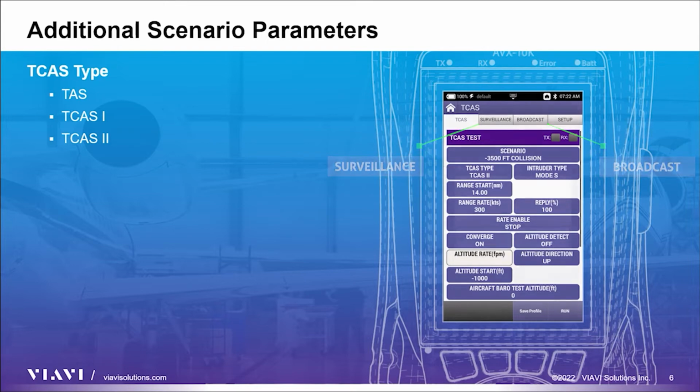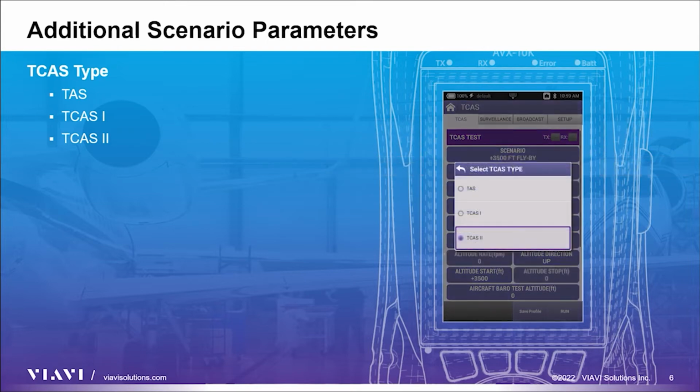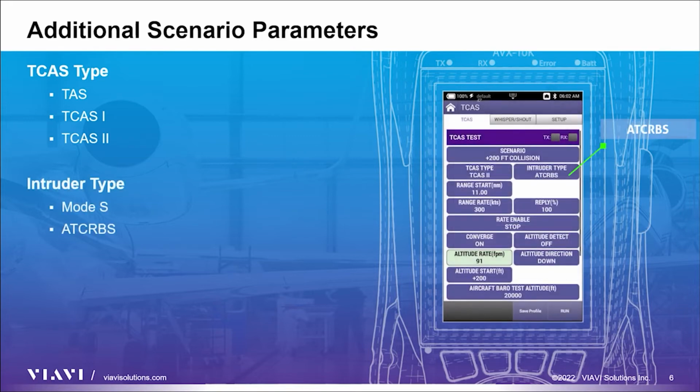If your task list or test procedure references whisper shout steps, you will need to change TCAS type to be TAS, which is the Traffic Advisory System, or to TCAS-I. The intruder type changes to ATCRBS and the surveillance and broadcast tabs are replaced by a new whisper shout tab. This also happens if TCAS type is left on TCAS-II and intruder type is toggled to ATCRBS.